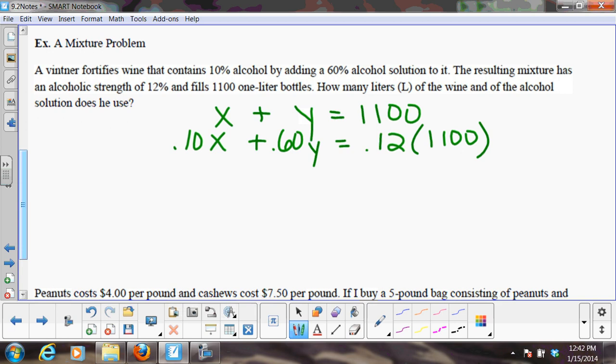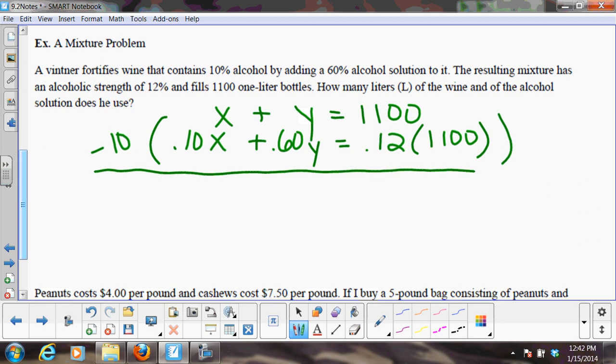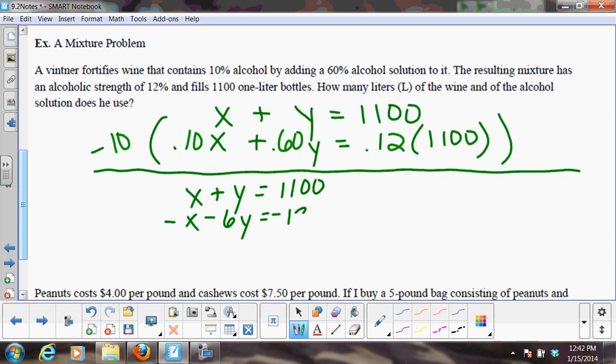Okay. So I can actually multiply the second equation by a -10 to get back to a 1. So let me rewrite these. So I'm going to leave the top one. And then we get -x minus 6y equals -1320.